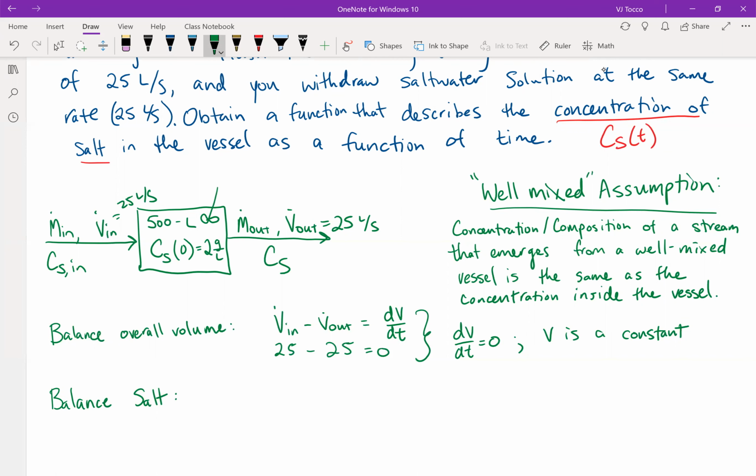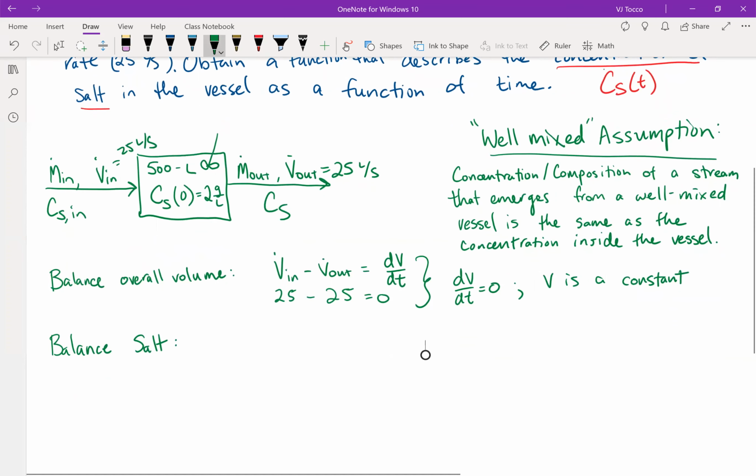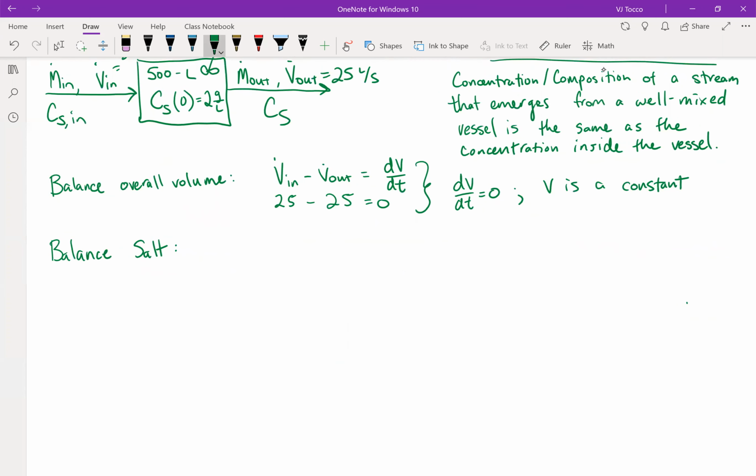For balancing a chemical component, I want to start with a quantity that is always conserved. So I'm going to balance the mass of salt. I'm going to say the mass flow rate of salt in minus the mass flow rate of salt out is equal to the change of mass of salt with respect to time.